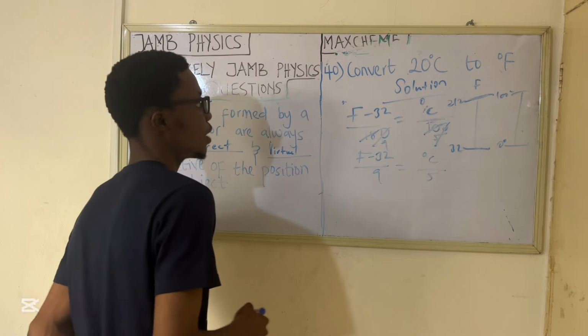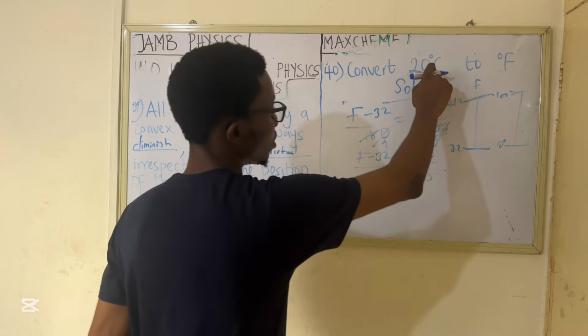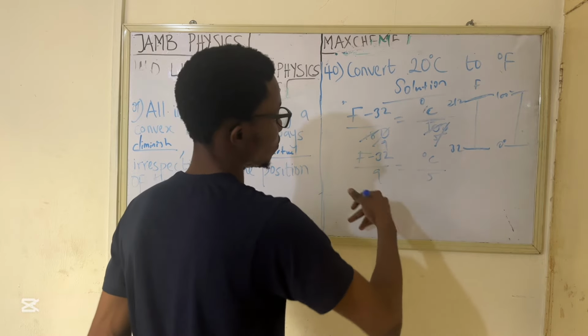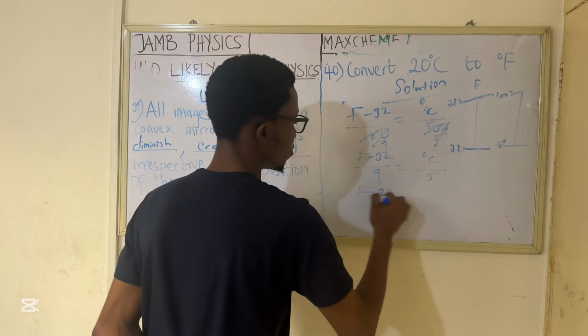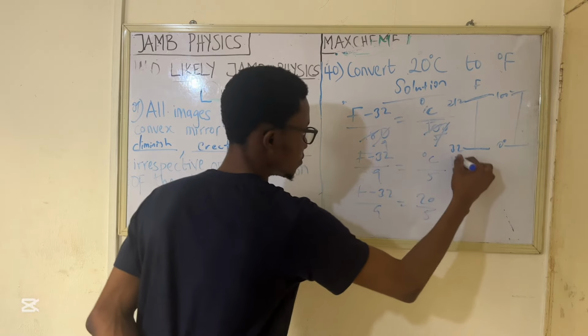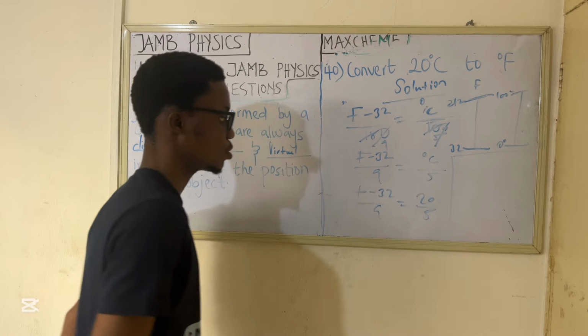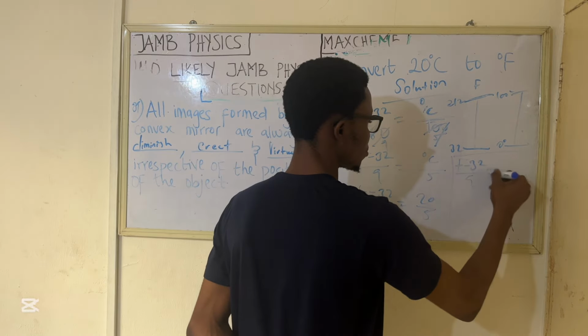Our question asks us to convert to Fahrenheit, but we are given degrees Celsius. So (F minus 32) over 9 equals 20 over 5. And 20 over 5 is 4. So (F minus 32) over 9 equals 4.